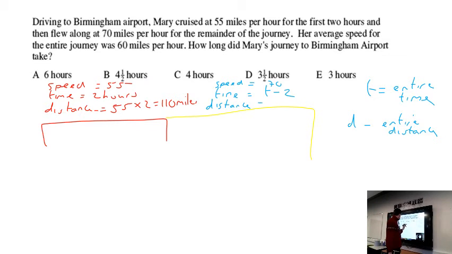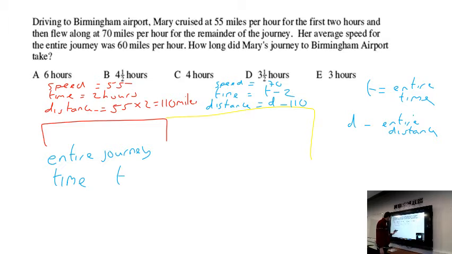So here we have d, and then subtract the 110. Okay, so let's put it all together. So the entire journey. Okay, so we are looking for the time for the entire journey. Okay, and we defined it as t.